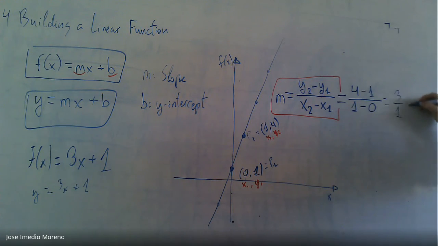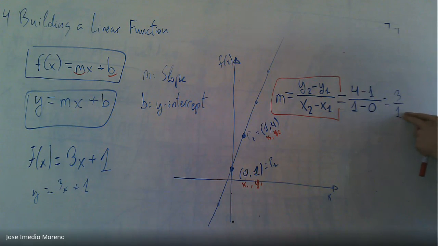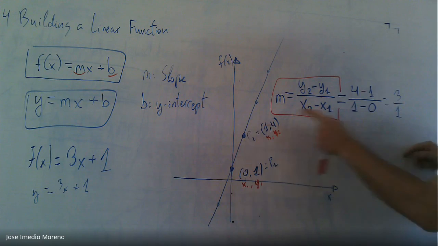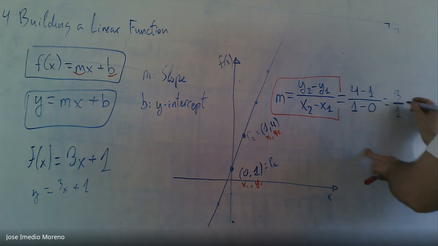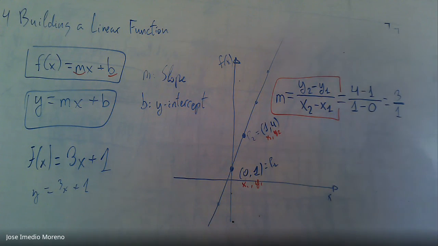But if you see that as a quotient, as a fraction, you can see what I said: in order to find the next point, I have to move 1 unit to the right, which is 1 unit on the x-axis, and 3 units on the y-axis. Okay, so I'm going to stop recording here.